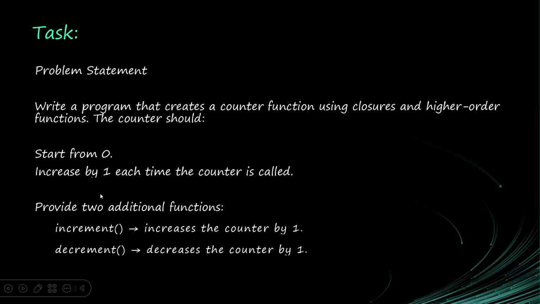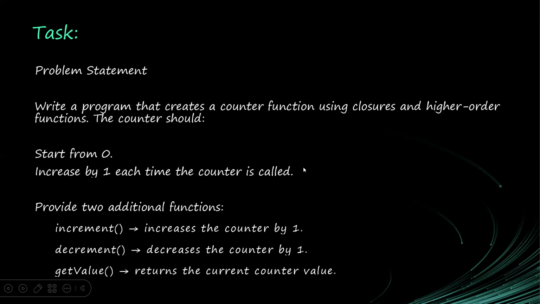So your task is to create a counter function that increases by 1 each time the counter is called. You should also create another function that decreases the counter by 1, and another that increments the counter by 1.